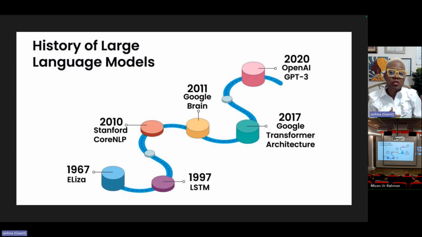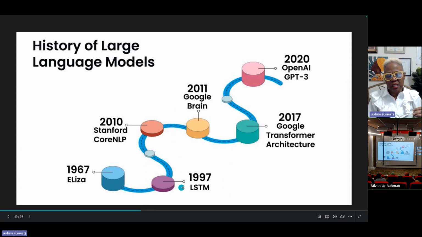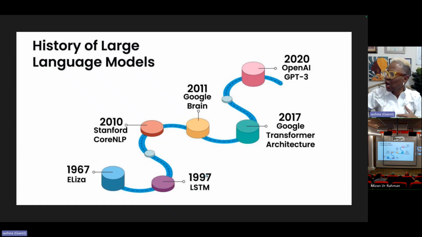And so trying to get computers to understand human language has been an ongoing innovation. With the technology of the long short-term memory, computers are getting better and better at understanding.